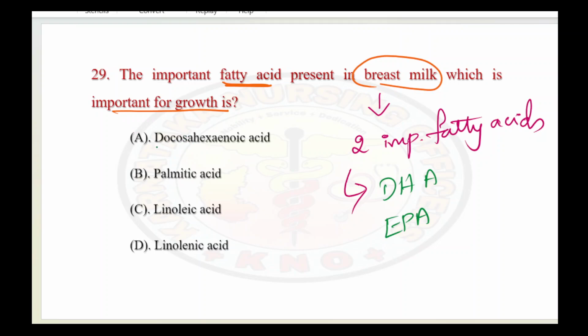DHA is docosahexaenoic acid and EPA is eicosapentaenoic acid. These two are the important fatty acids present in breast milk, important for the growth of the child.